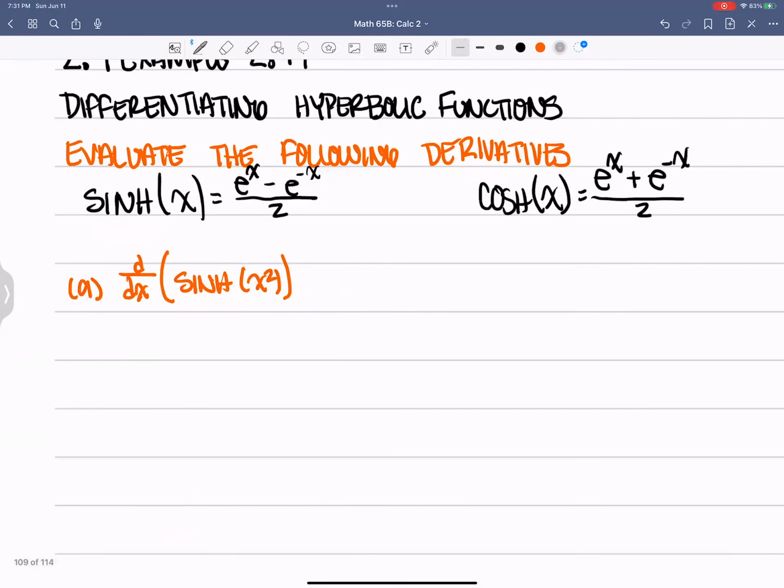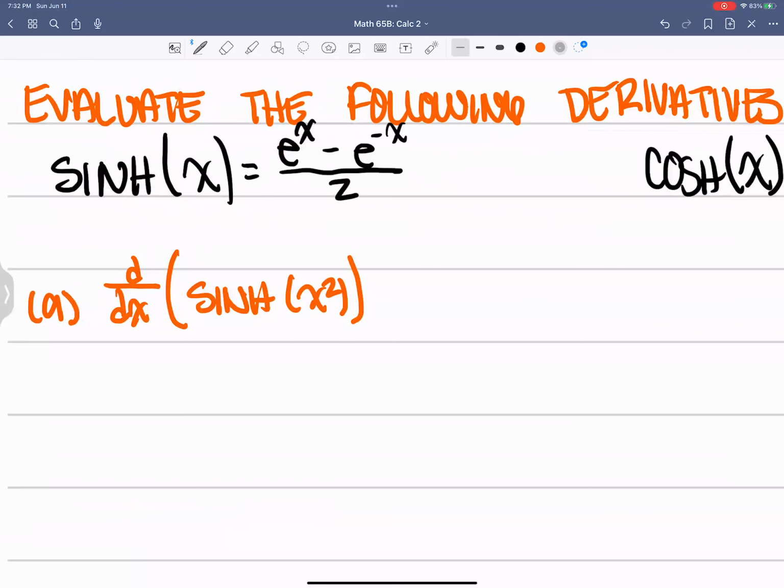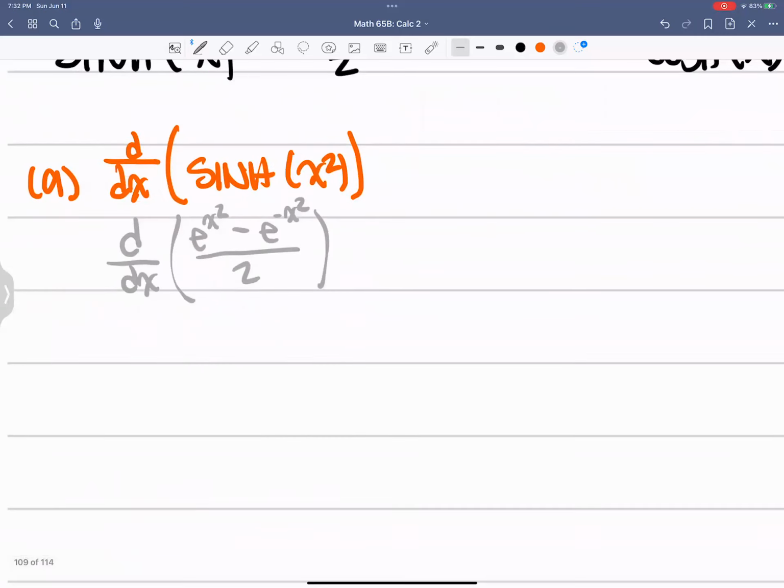Let's differentiate with respect to x the hyperbolic sine function evaluated at x squared. So we're looking to differentiate with respect to x, sinh of x squared. So we're going to have e to the x squared minus e to the negative x squared all over 2. And in order to differentiate, let's pull that 1/2 out as a constant for the meantime.